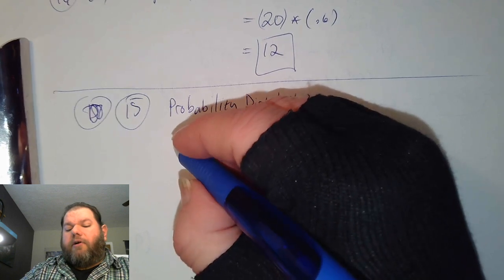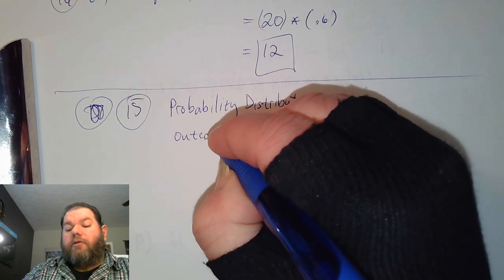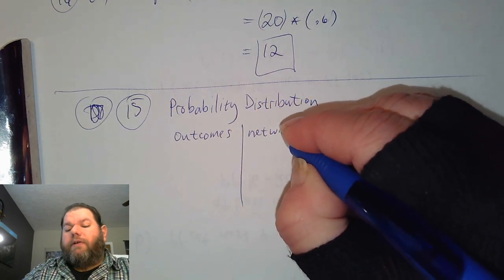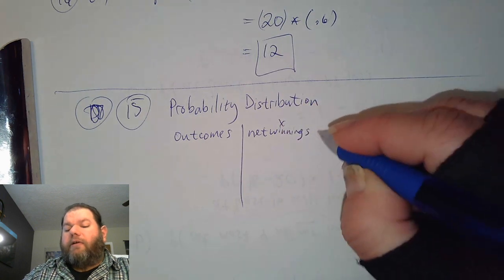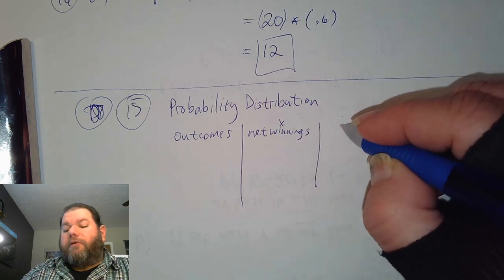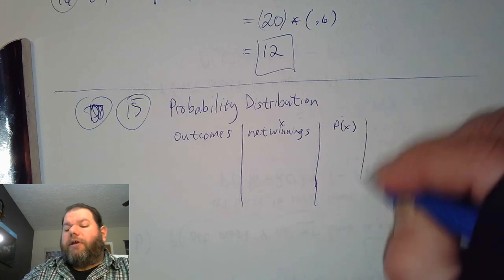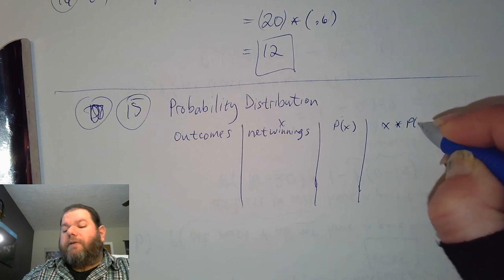Let's see, we have our outcomes, net winnings, which is x. We have our probability, p of x. And we like to have a fourth column, which is x times p of x.